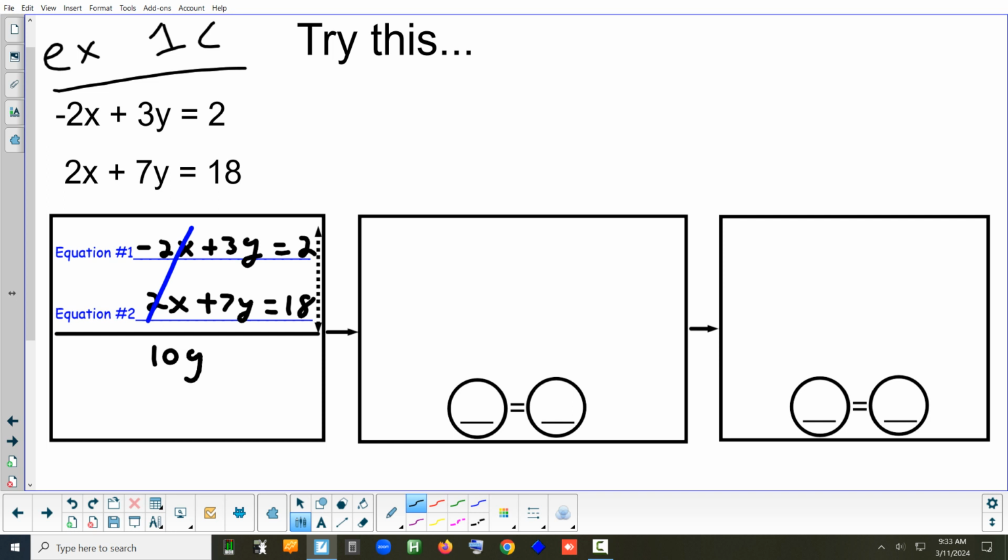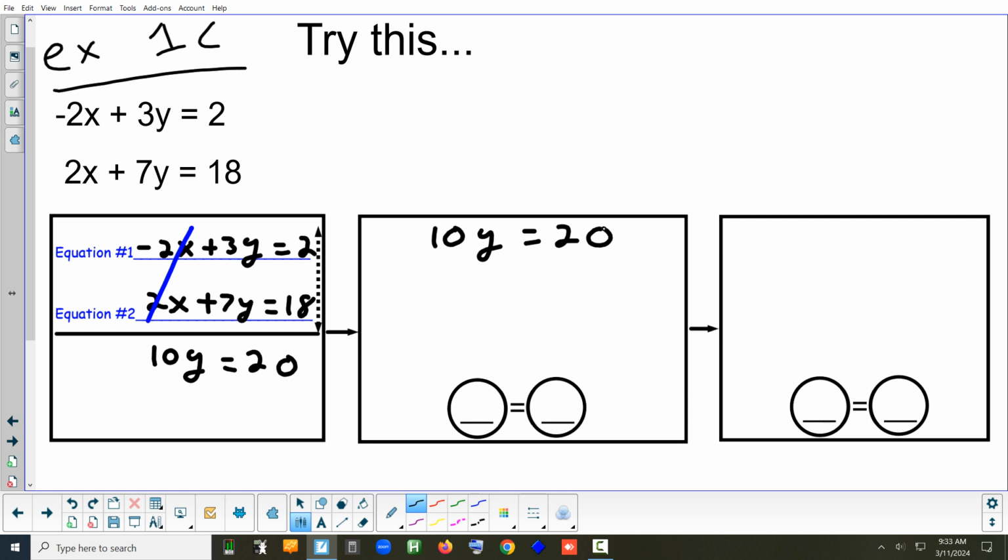Yep. And you also have to do the last column. 2 plus 18. 20. Now, I'm just going to copy this so I have some more space. 10y equals 20. And now in this box, solve for the letter that you have left. One of your letters should be gone, and the other letter should be remaining.